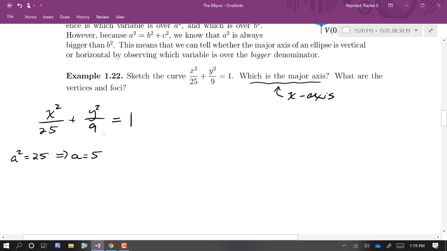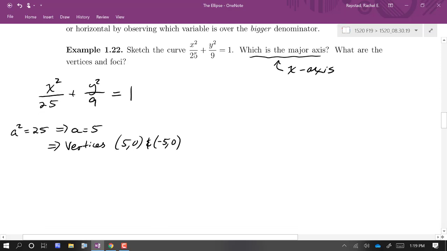And that means since the center is at the origin and it's oriented horizontally, the vertices are at (5, 0) and (-5, 0). They didn't ask us to find the ends of the minor axis, but I'm going to find them anyway because they want us to sketch it, and that's pretty useful to have. How do we get the ends of the minor axis?